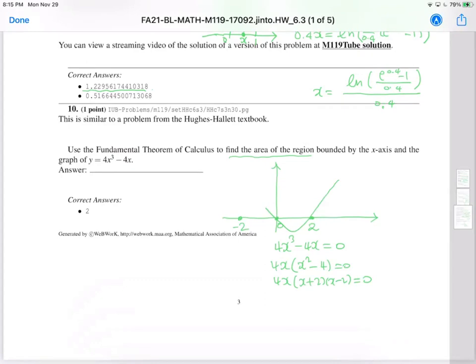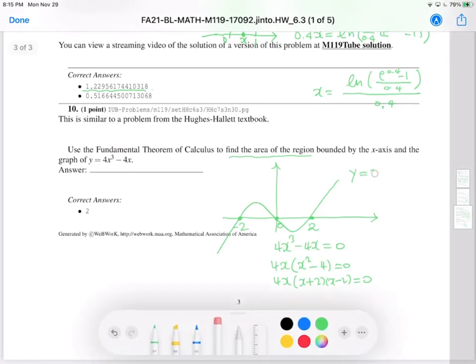Then negative and positive, this graph looks like this. y equals 4x cubed minus 4x. As you can see, x bigger than 2, y is positive, x less than negative 2, y value is negative. So we want to find the area, these areas.